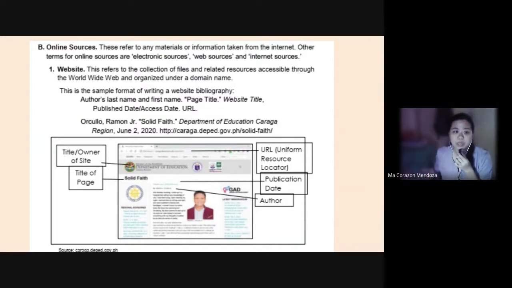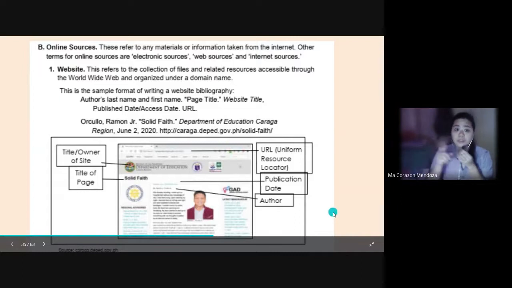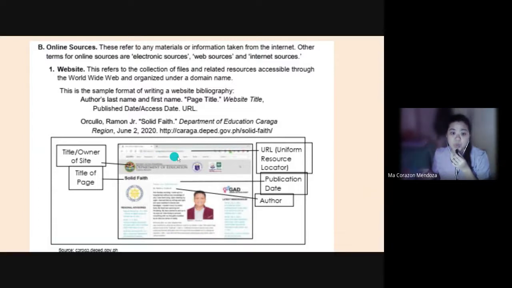Example, author's last name. So this is the example of the web page. So a website usually looks like this, right? So we have here the URL or the uniform resource locator. An example would be www.facebook.com, 10023, etc. Meaning that's the exact thing that you find in the address bar.